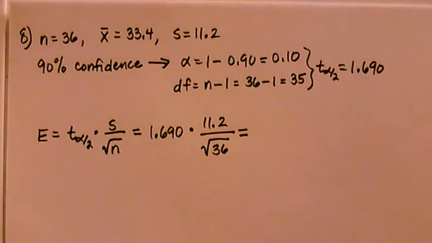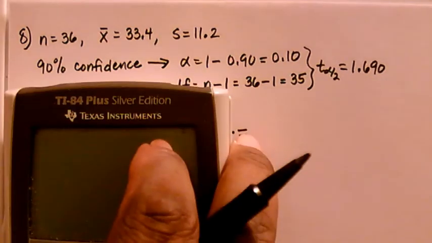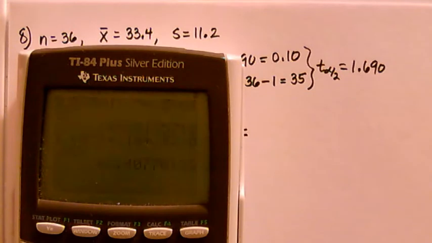Now all that we can type in the calculator. So in this case here, we type in the 1.690 times 11.2 divided by, for the square root, second x squared, and then 36, close your parentheses, or use your right arrow key if you have the newer version of the TI-84 Plus calculator.